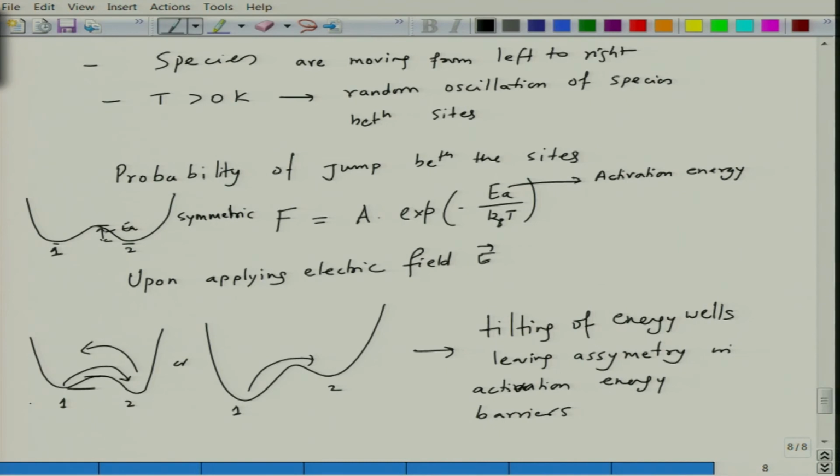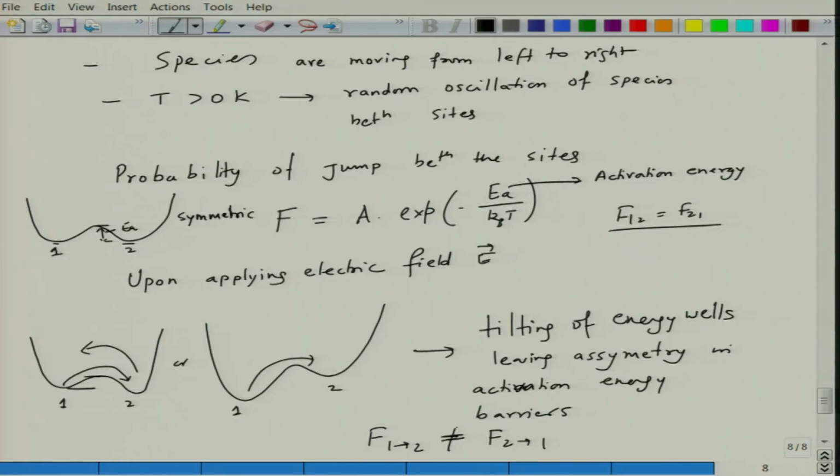Depending upon 1 to 2 and 2 to 1, when the magnitude of EA has changed, the probability also has changed. Which means F1 to 2 will not be the same as F2 to 1. When it is symmetric, F12 is equal to F21. The probability when there is no field is the same, that is why you do not see overall diffusion.